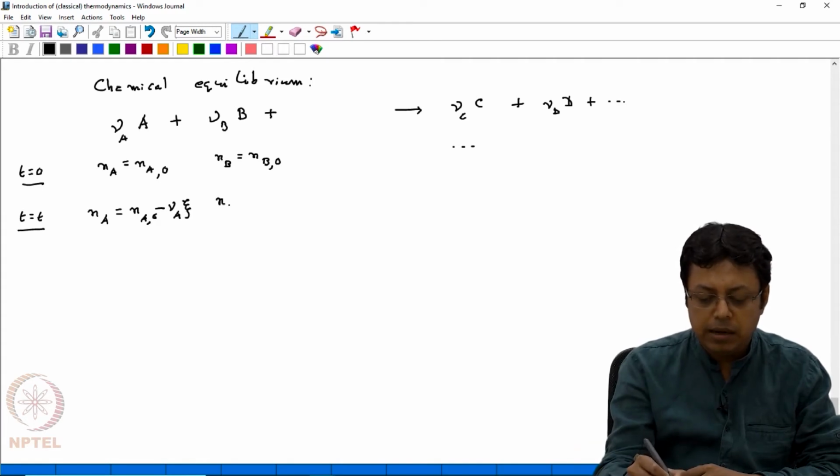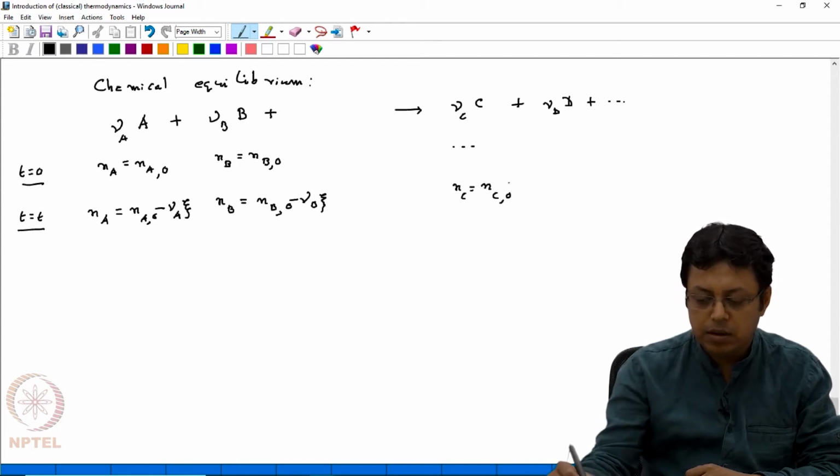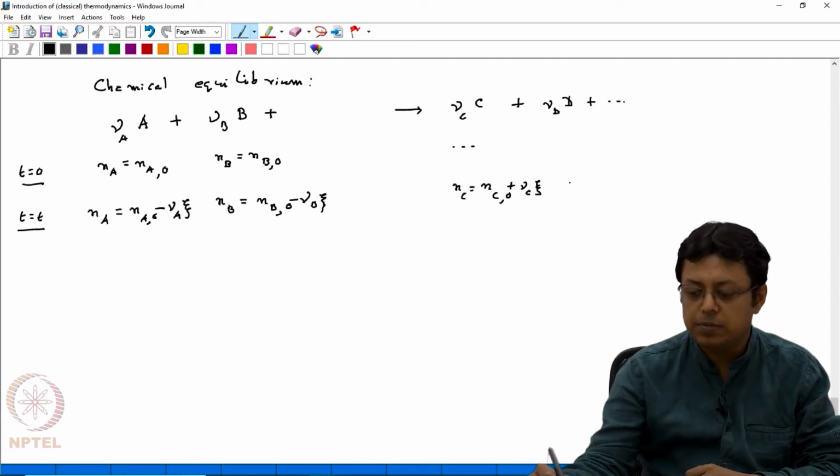And similarly, Nb will be Nb0 minus nu B into xi, and similarly Nc will be Nc0 plus nu C into xi. The plus sign is here because C and D are products.